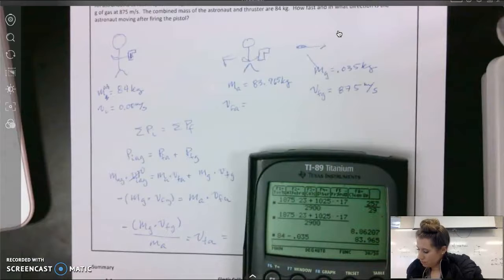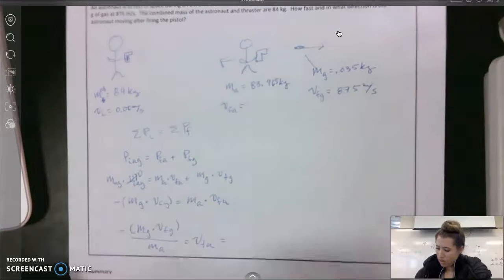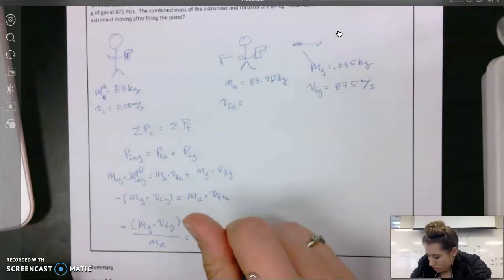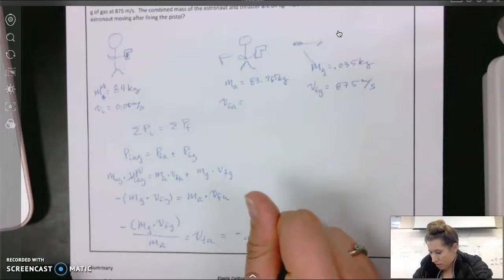Alright, so we have a negative, top of our fraction, mass of the gas multiplied by the velocity of the gas divided by the mass of the astronaut. So the final velocity would be, what are we looking at? 3 sig figs, 2 sig figs, 2. So we'll go with negative 0.36 meters per second.